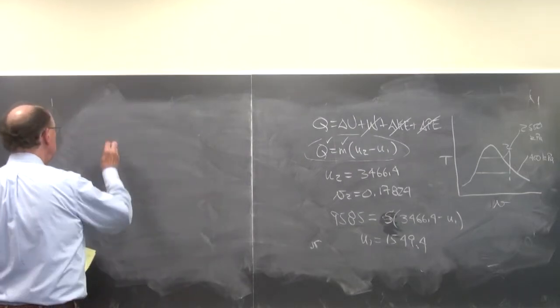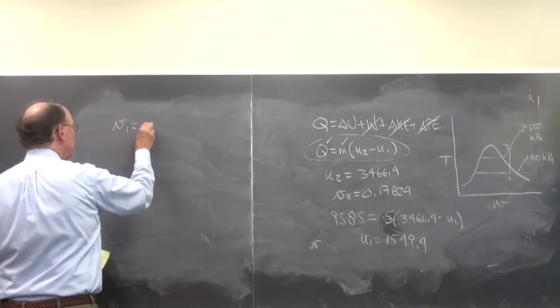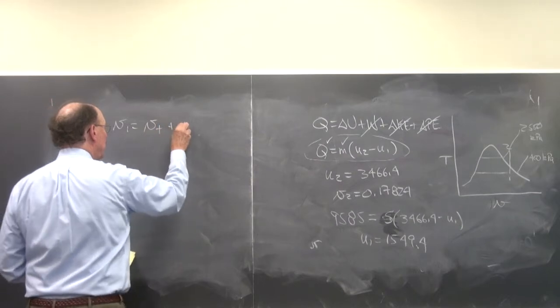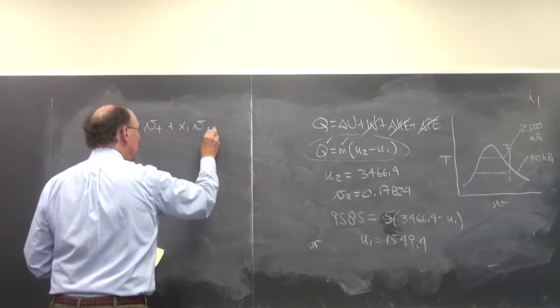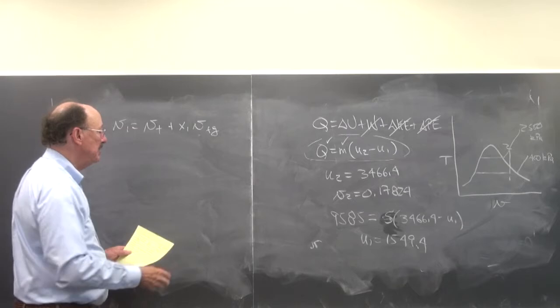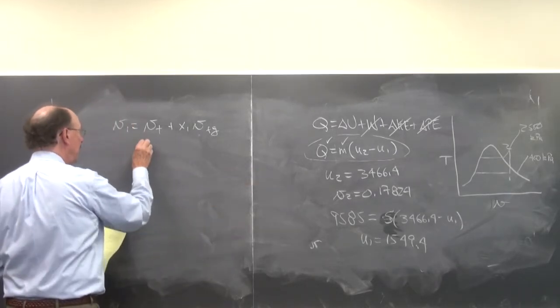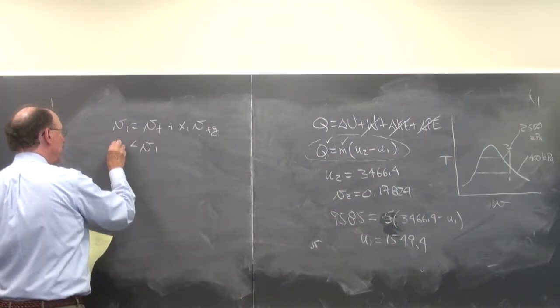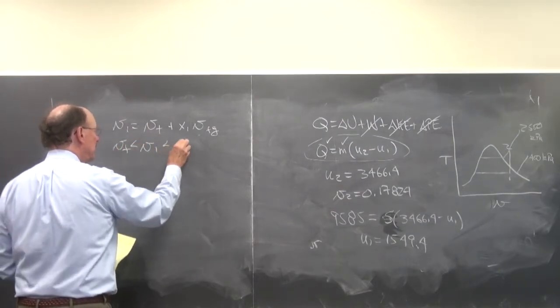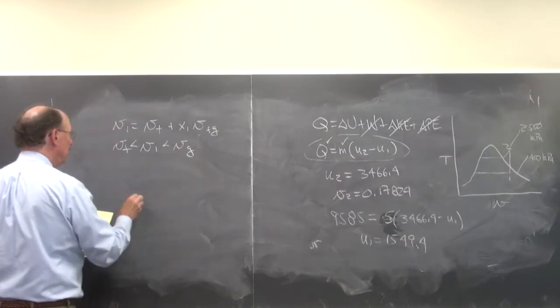So V1 is equal to V sub F plus X1 V sub Fg. And in this case, this value, V1, is greater than V sub F and less than V sub G, so it's in the mixture region.